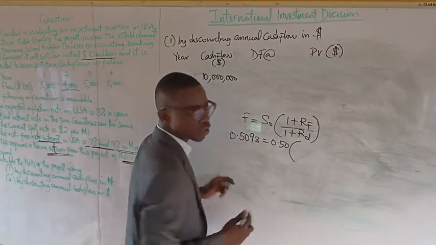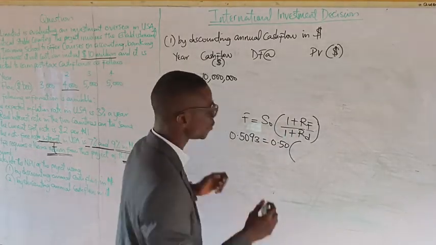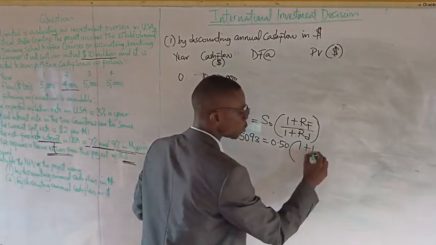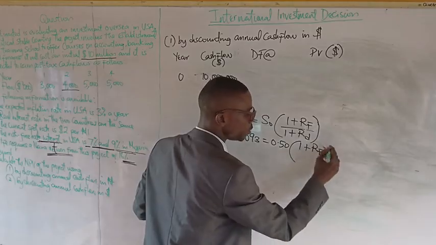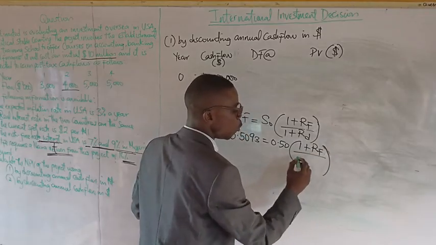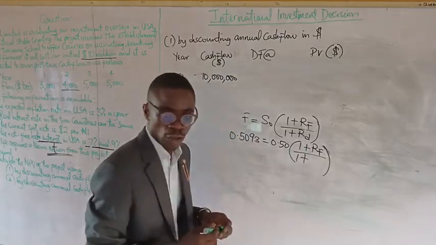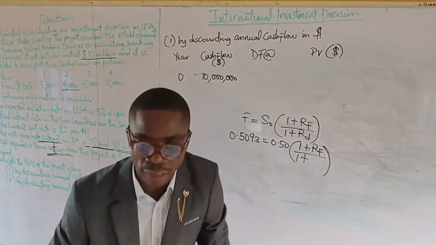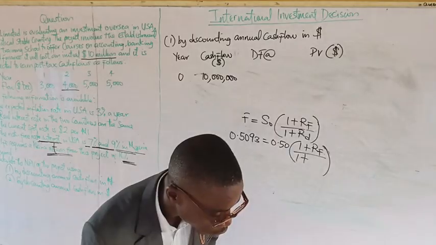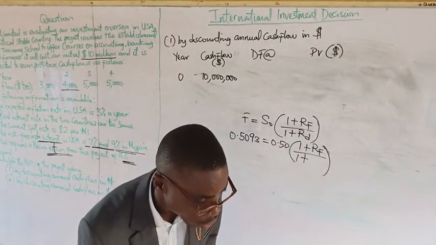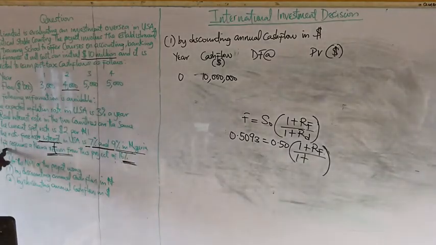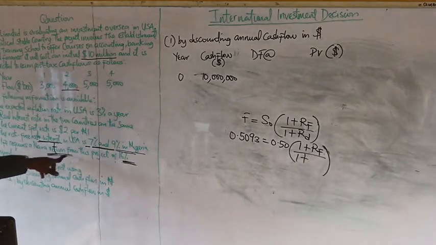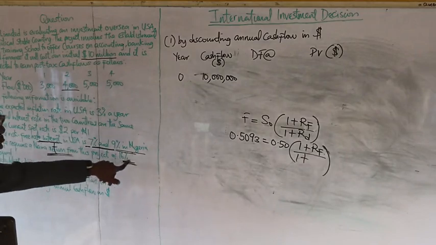So what is the interest rate in domestic? Do we know it? It will be 1 plus the interest rate of the foreign, which we don't know. So 1 plus the interest rate of the project in domestic currency, what is it? Yes, 60%. They said Ife requires a naira return from this project of 60%.